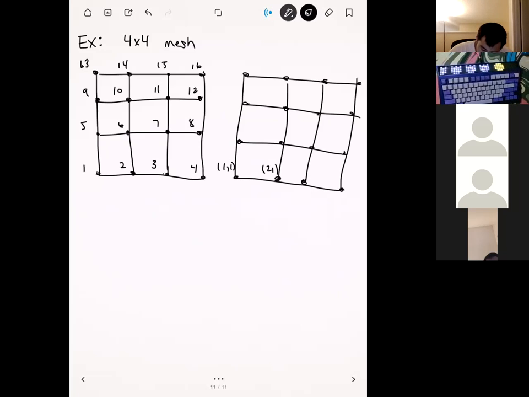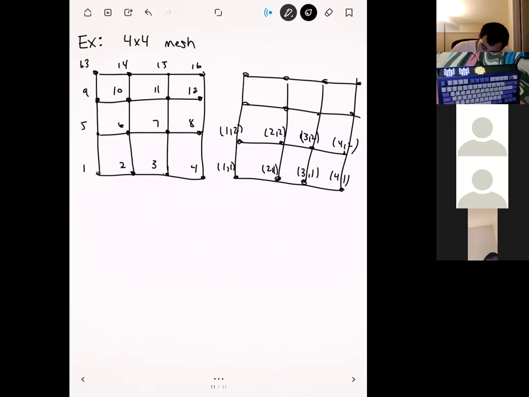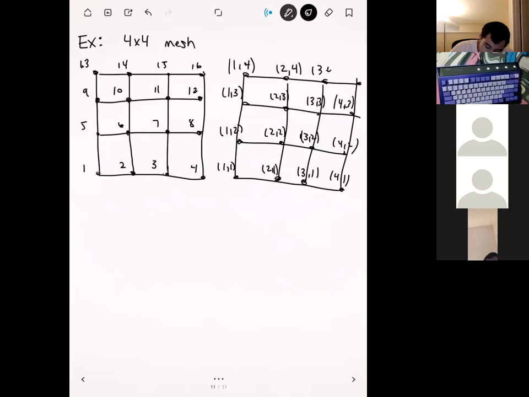This is going to be 2, 1. This is going to be 3, 1, and 4, 1. Then we're going to have 1, 2, 2, 2, 3, 2, and 4, 2. Then 1, 3, 2, 3, 3, 3, and 4, 3. Then we have 1, 4, 2, 4, 3, 4, and 4, 4.